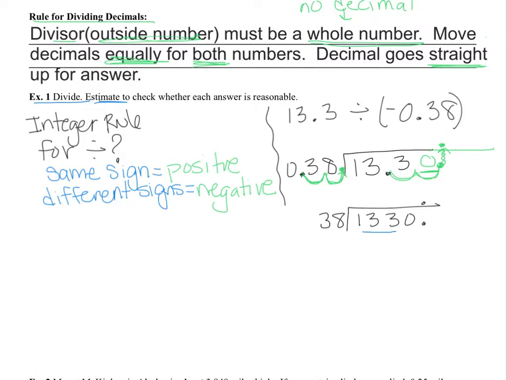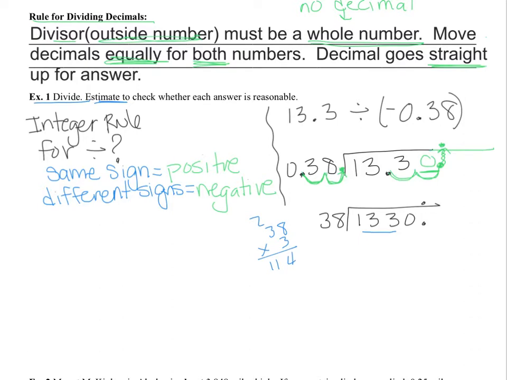Since 38 is close to 40, I'm thinking of 40, so 40 is 1, 80 is 2, and then 120 would be 3. So I'm going to start with 3. Off to the side, 38 times 3 is what?